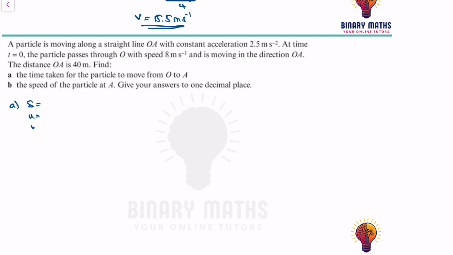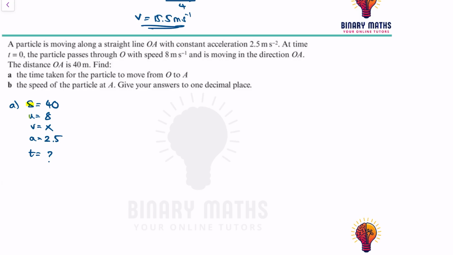So let's see what we do know. It's one journey again, so it's fine. So displacement is 40 meters, so 40. Initial speed is 8. We don't know the final speed. We know acceleration is 2.5, and that we're trying to find the time taken.